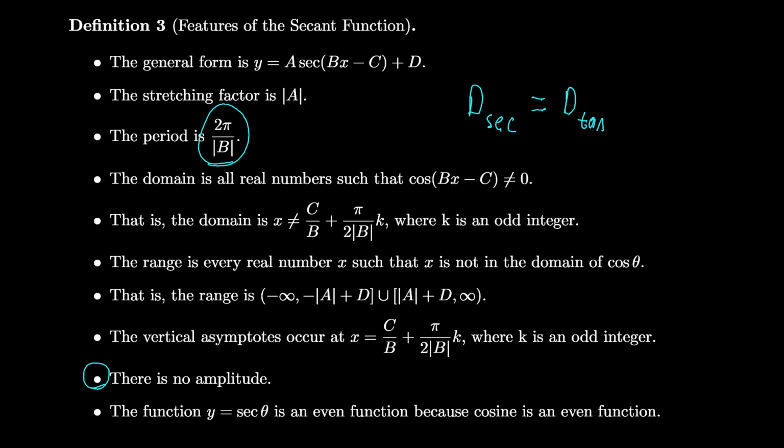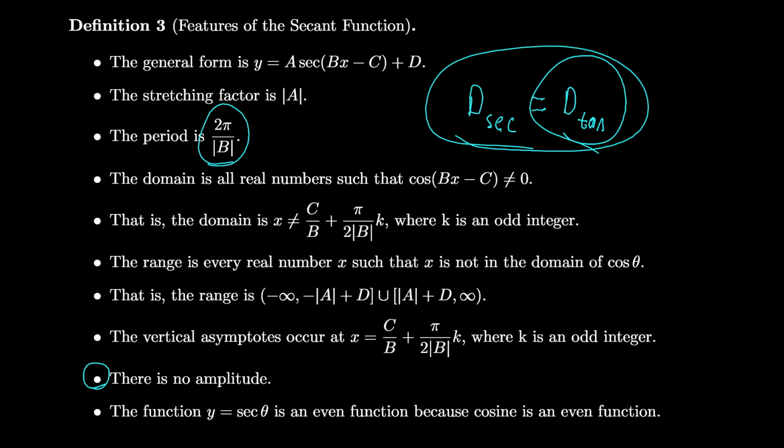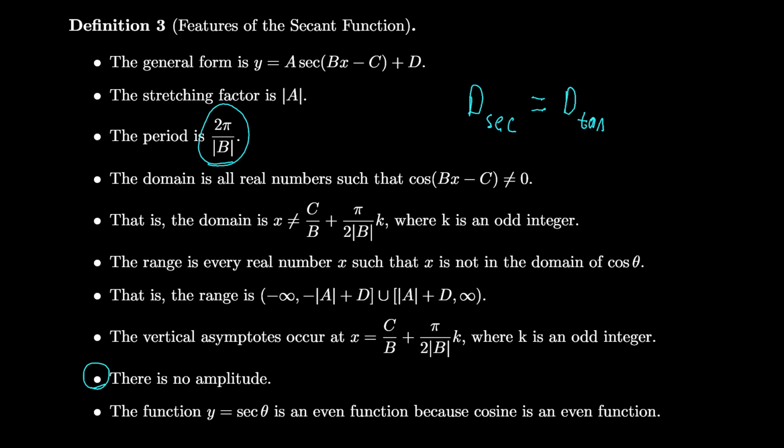So if you want to go back to tangent and write out its domain, that we said, the all real numbers, set minus, blah, blah, blah, that stuff. Go ahead and put that in your notes, please. But I just want you to make this little note here, because if you can get the domains for tangent and cotangent down, then you'll have the domains for the other two things, and you know how they're related because secant has cosine in the bottom and tangent has cosine in the bottom.